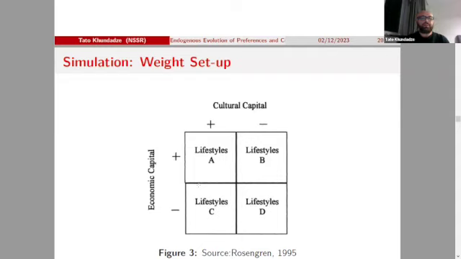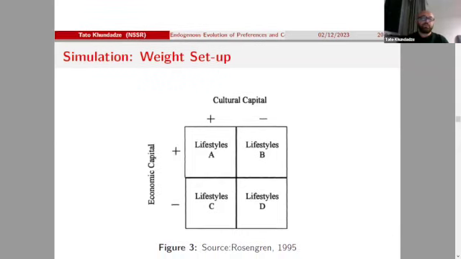But there is a nice idea which I found in Bourdieu's Distinction, and then further investigated and interpreted by different authors. I found this diagram in Rosengren, and I wanted to explain how it can help us to determine different weights.